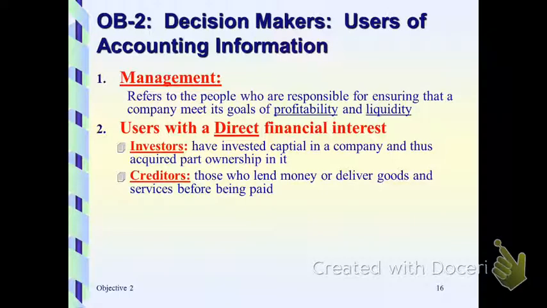Investors are the folks who have invested capital in the company, for instance, in the stock of that company, and thus have what we call an ownership interest in the company. Creditors, on the other hand, are those who have provided direct financial interest to the company by lending the company money or delivering goods or services before being paid by the company.